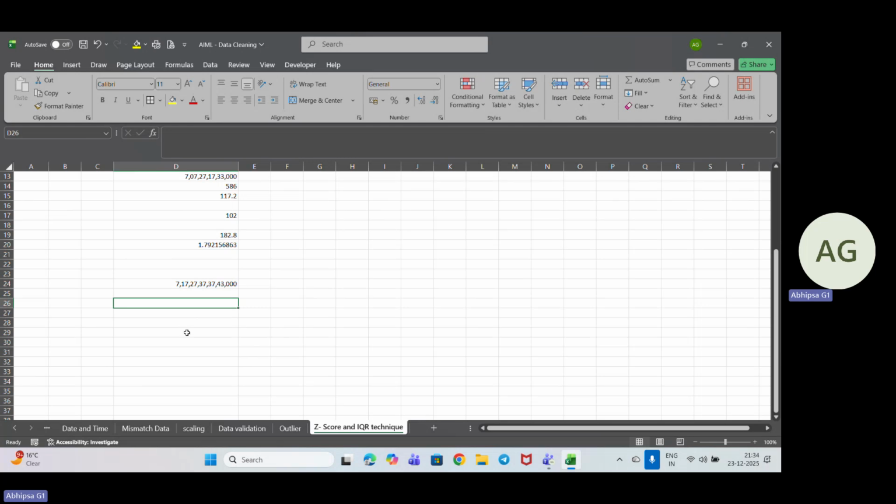Okay. So majorly we consider Z score really less, but if we need to find outliers, we try to use the IQR method that we will be discussing.